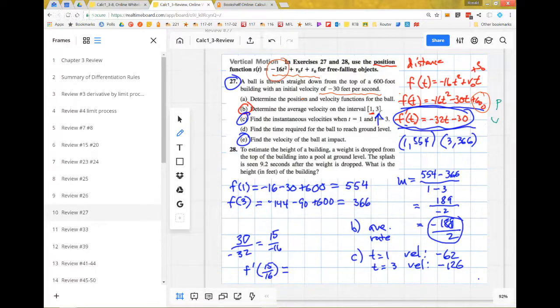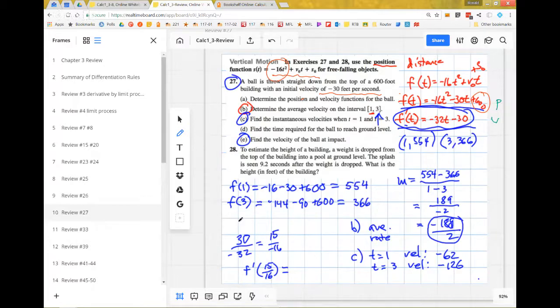Well, how do you get the velocity from the position? You take the first derivative. So what's the derivative of -16t squared minus 30t plus 600? Power rule, -32t minus 30. That's the velocity. Okay? So that's part A.